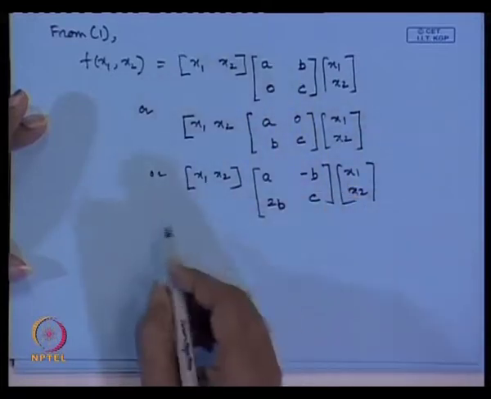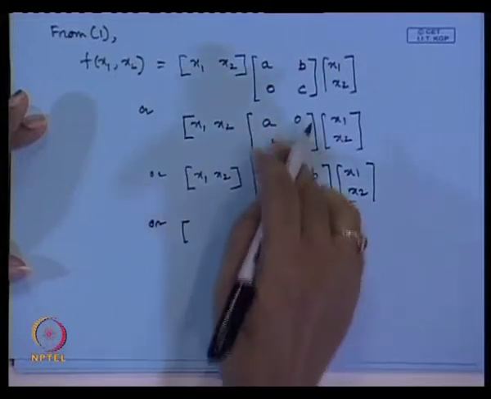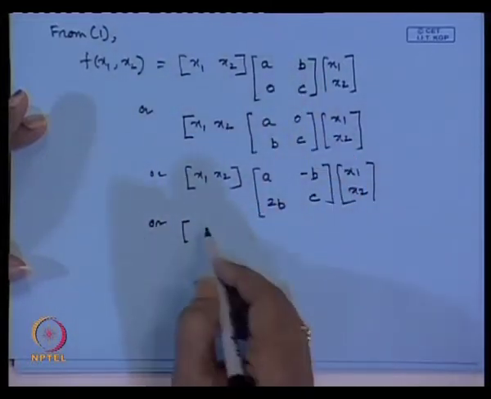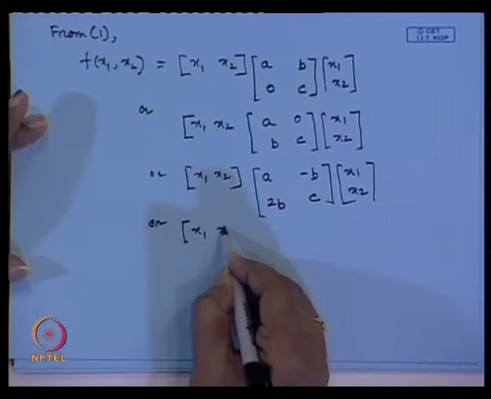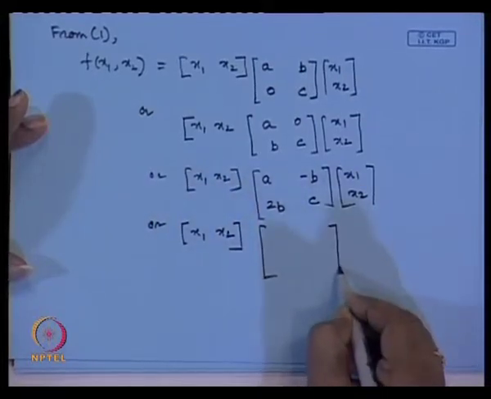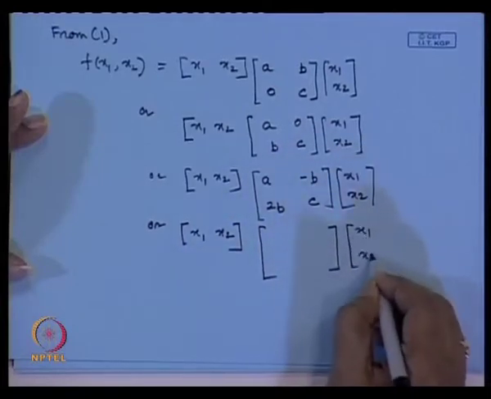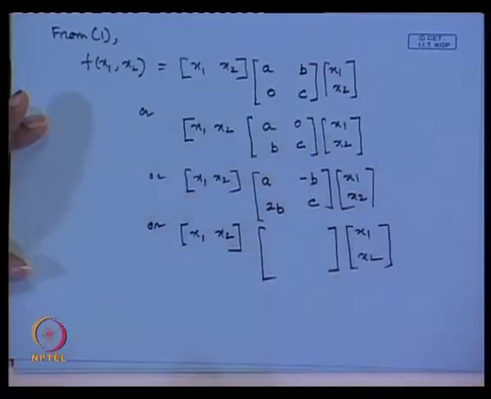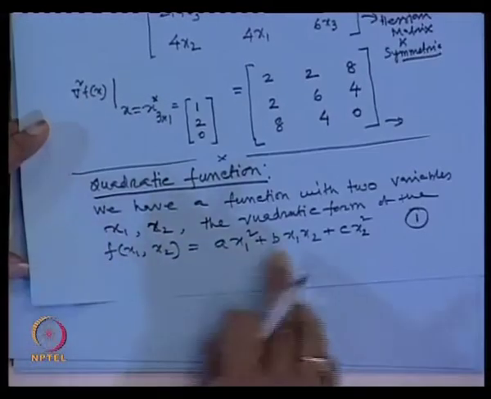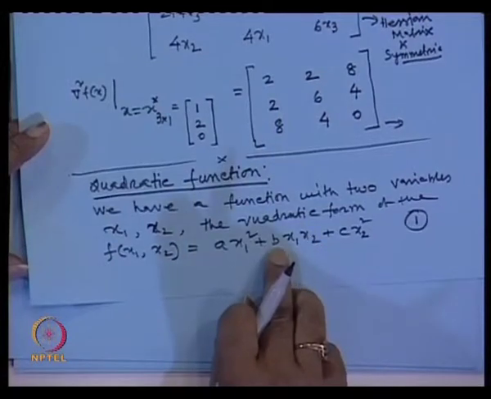In most cases, the matrix P selected is the symmetric matrix form. x1 x2. Now, see how I am writing the symmetric matrix form. The coefficient of x1 x2 is b.